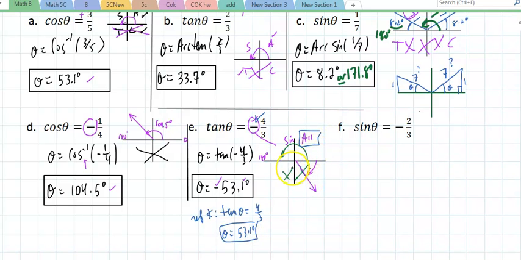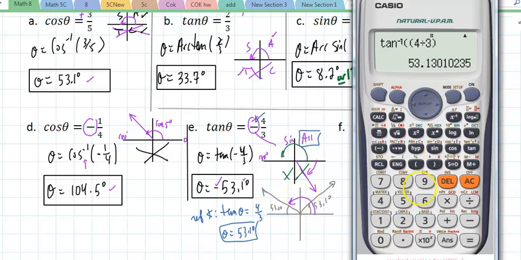So, if I know that in quadrant 1 my reference angle is 53.1 degrees, I could use the reference angle in any quadrant. If this is 53.1 degrees, what would this angle be? Isn't that 180 minus? That's how you get that. Wouldn't that be 180 minus my answer?